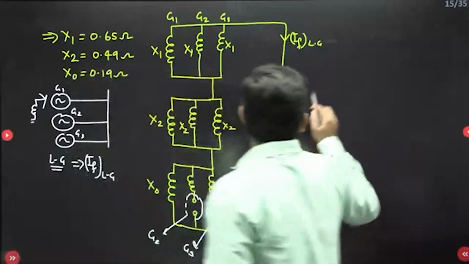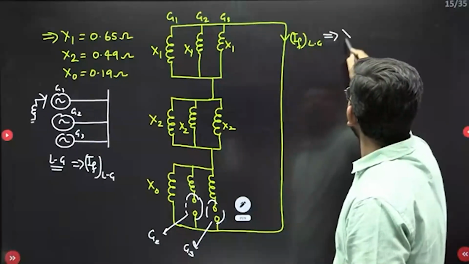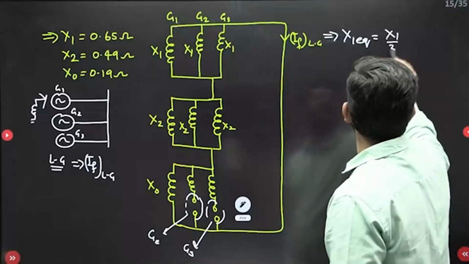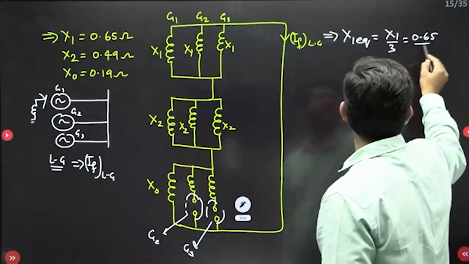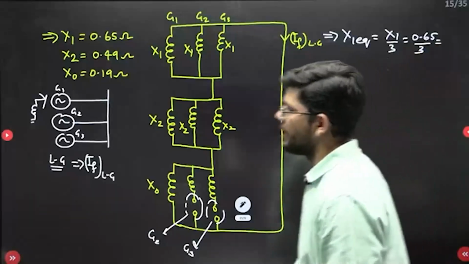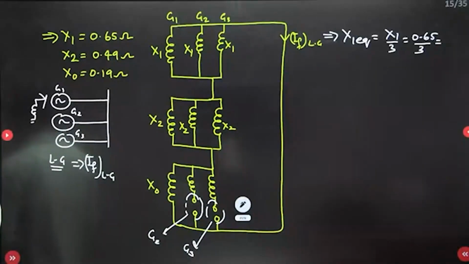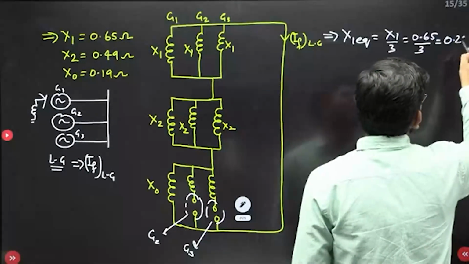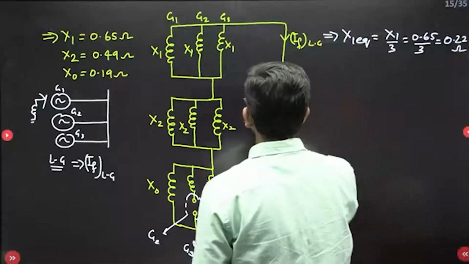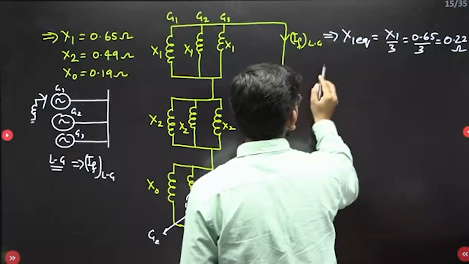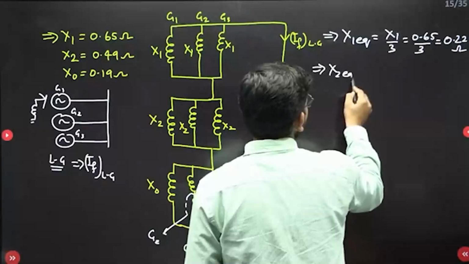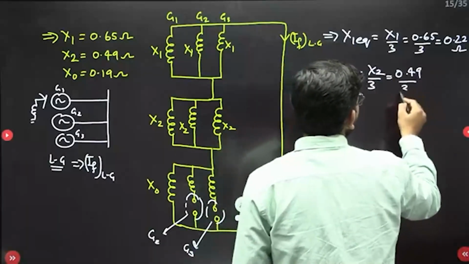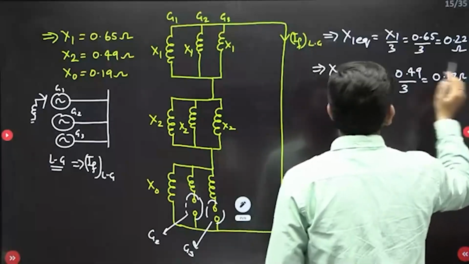Now what will be the x1 equivalent? They are connected in parallel, so it will be x1 by 3, so 0.65 divided by 3. And how much do you get after doing 0.65 divided by 3? 0.22 something, in ohms. Similarly, for the negative sequence, they all are connected in parallel, so x2 by 3, 0.49 divided by 3, so you will be getting around 0.17, isn't it?